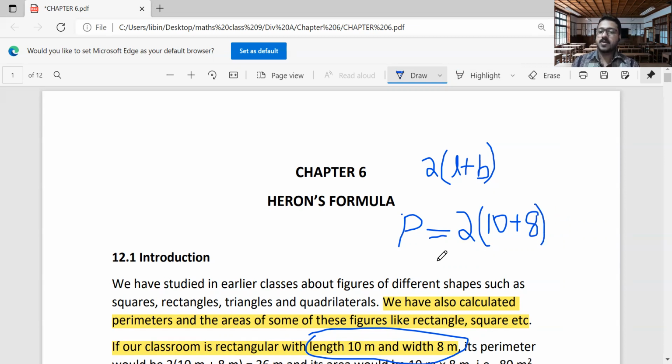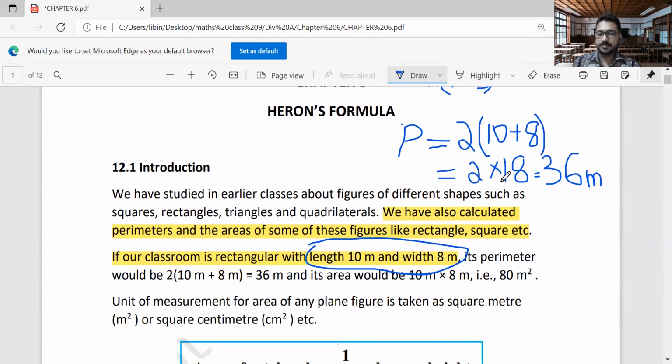So 2 into 18, that is 36 meter. And what about its area? The area of a rectangle is length into breadth, the product of length and breadth, that is 10 into 8, which is equal to 80 meters square.